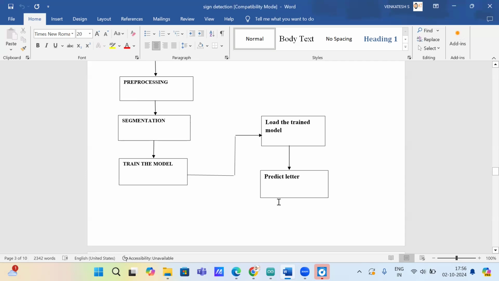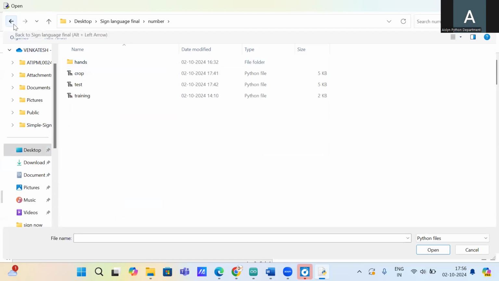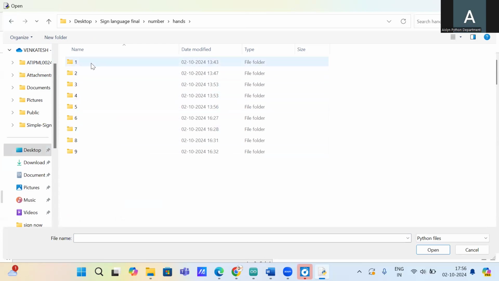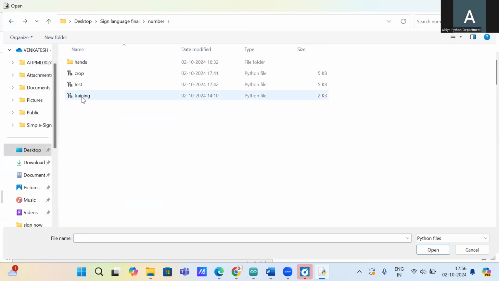Now I'll show you the code. These are the codes for numbers. These are the numbers you are applying. That's the training code, I'll show you the training code now.